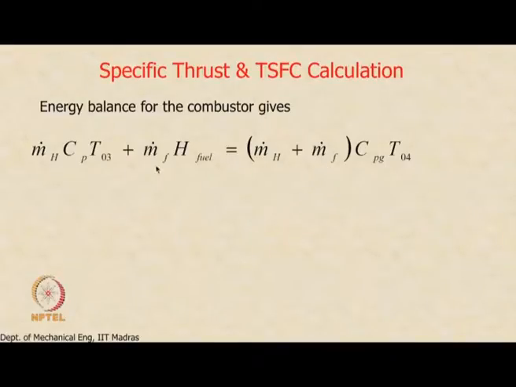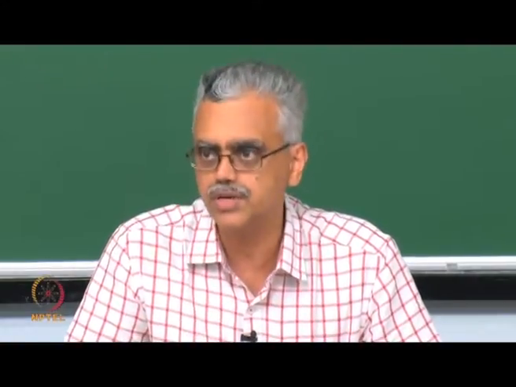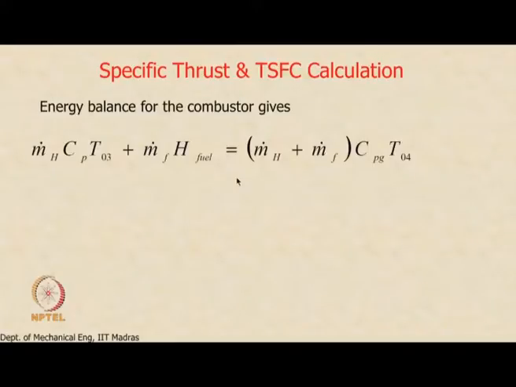But notice that here we cannot ignore mf dot, because H fuel is a very large number. If you remember, H fuel is 45,000 kilojoule per kilogram. So, that multiplied by mf dot will still be a very big number. We cannot neglect this. If you neglect this, then this equation will become meaningless. That also is an indirect check of this equation.